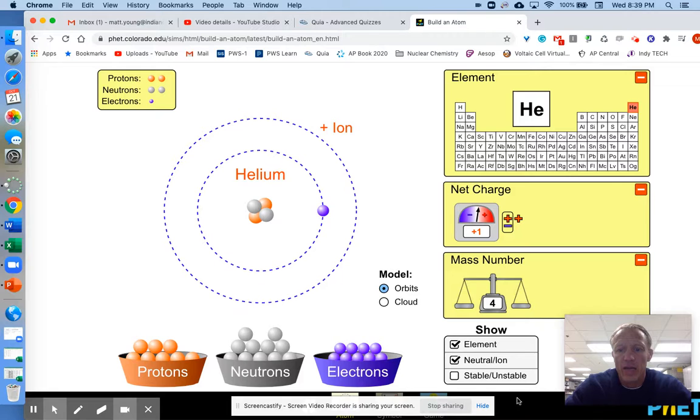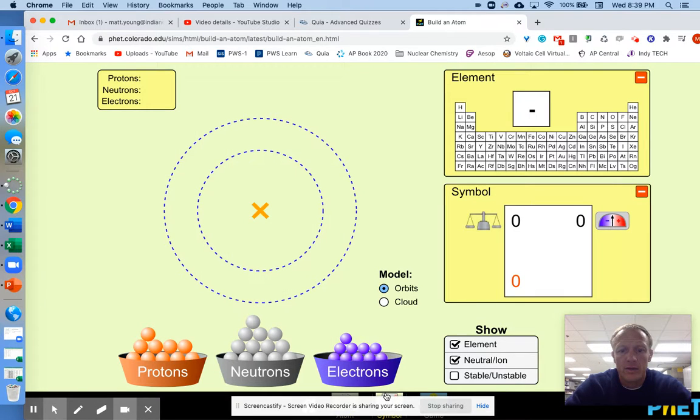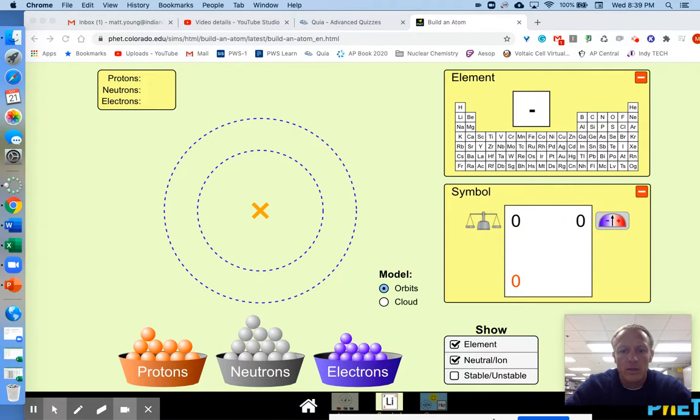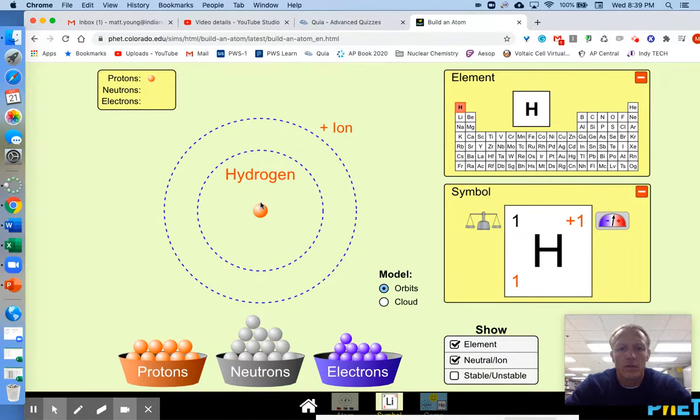If we get out of that, down here I just clicked on the bottom where it says symbol. Same thing. I can pull in this proton, let's put in some neutrons, and let's go with some electrons.